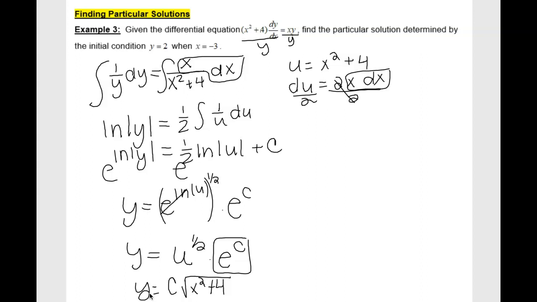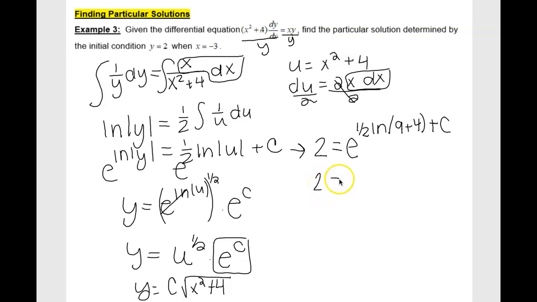So I could have solved for c way back up here, where I had y, which is 2, equal to e to the 1/2 ln x squared, which is -3, which is 9, plus 4, plus c. So you could have solved for c way back there. You could have solved for c here. It really doesn't matter where you solve.